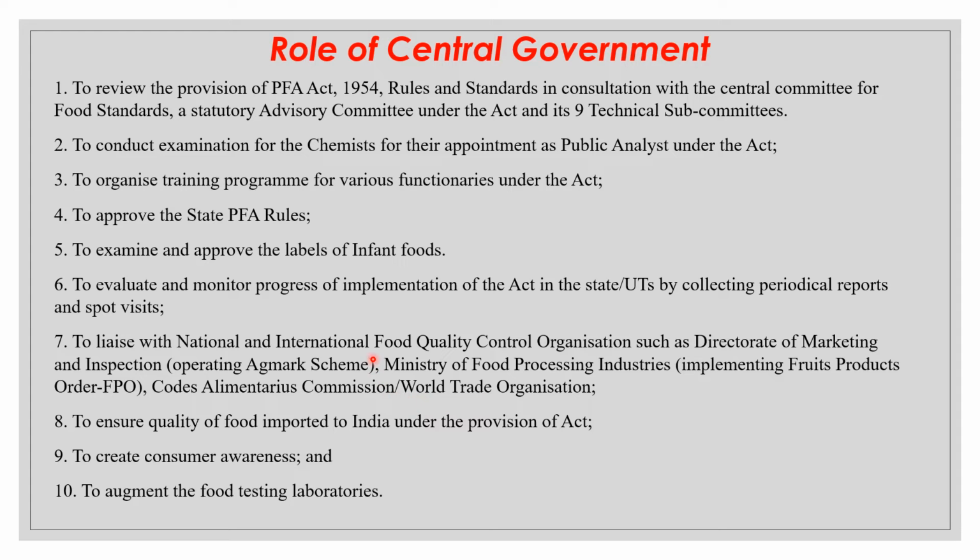So it has a dialogue with all these food authorities, ministries, directorates, okay, related to food quality control. So these are called food quality control organizations. So central government maintains relations with national and international food quality control organizations.